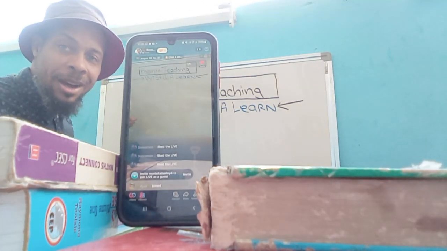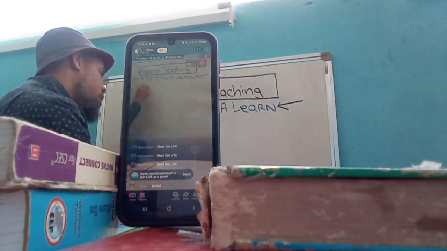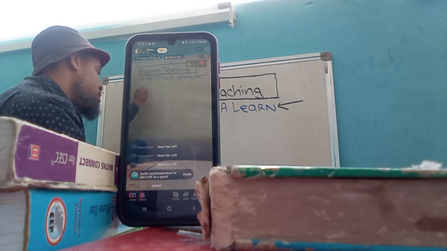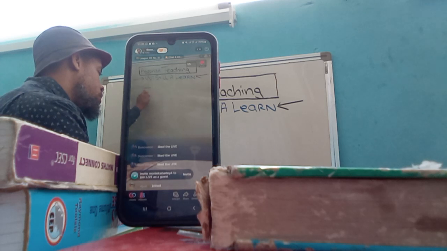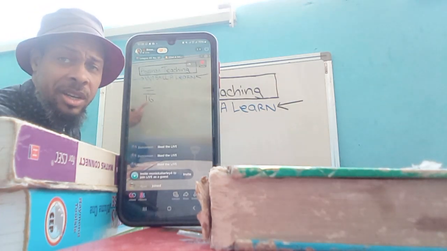Now here's what I did not know. Let's say they tell you they want to turn this 7 divided by 16 into a decimal.